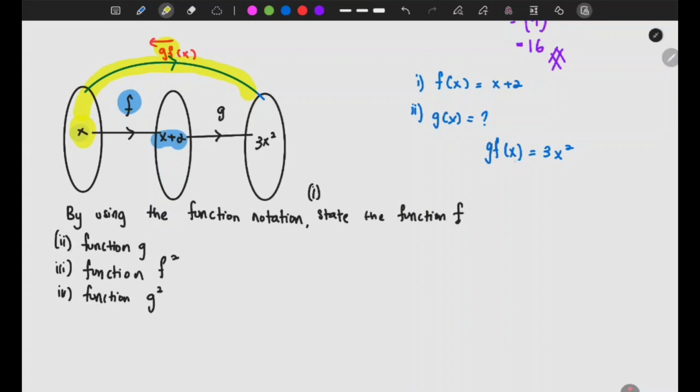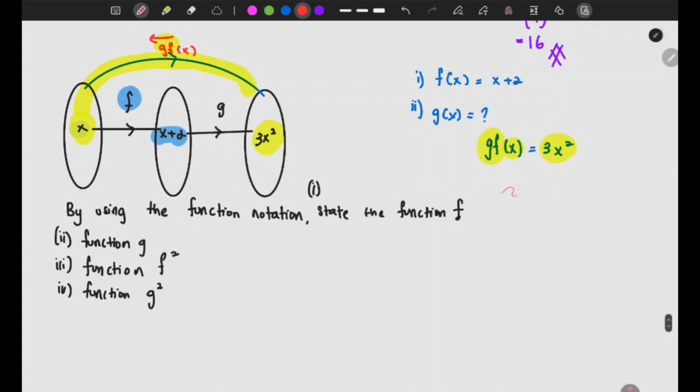It's like this one. I draw an arrow diagram for you. Here is x, and they cross the bridge of f. Can you see? So I can say gfx is 3x squared.